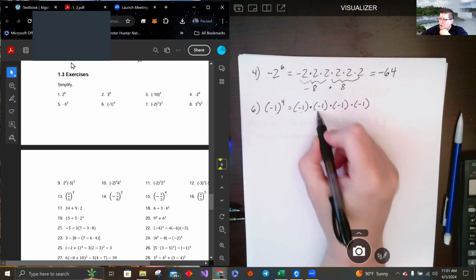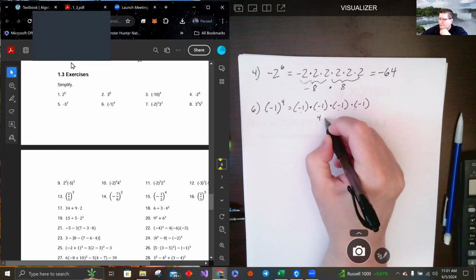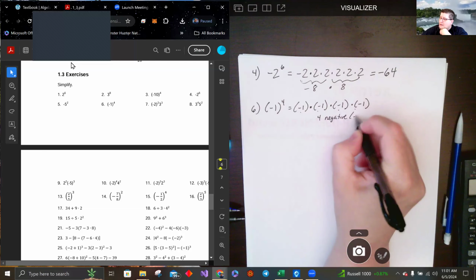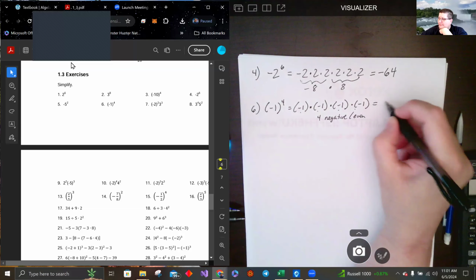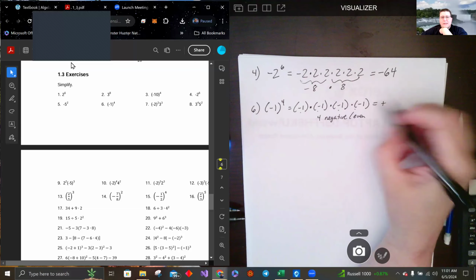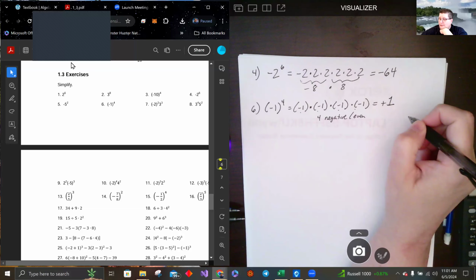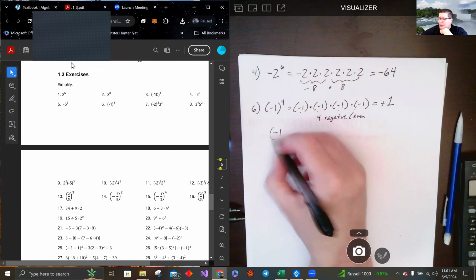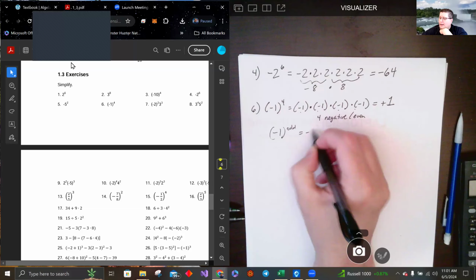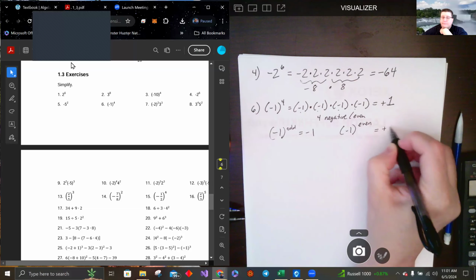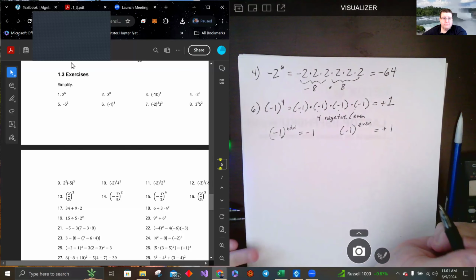I've got 1, 2, 3, 4, even 4 negative signs, which means the answer comes out positive. And then 1 times 1 times 1 times 1 is 1. So it turns out -1 to an odd power is -1, and -1 to an even power is +1. Okay.